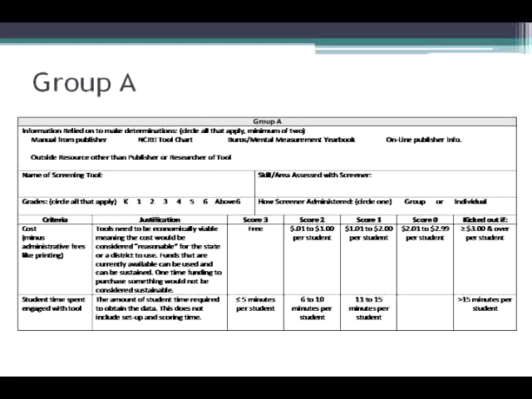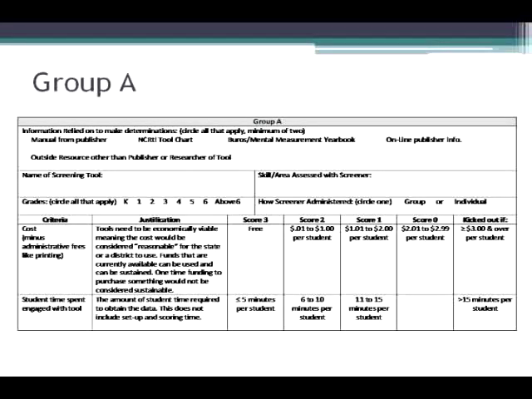So looking down through the various criteria, first we'll examine cost. The cost can vary considerably on whether something is a paper and pencil task or whether it's computer-based or web-based. In making a determination of free, the printing cost or internet access costs, whatever that core infrastructure is, was not considered to be a cost.